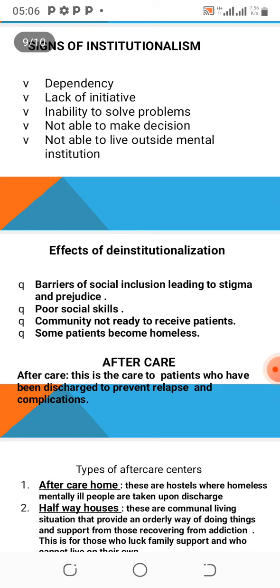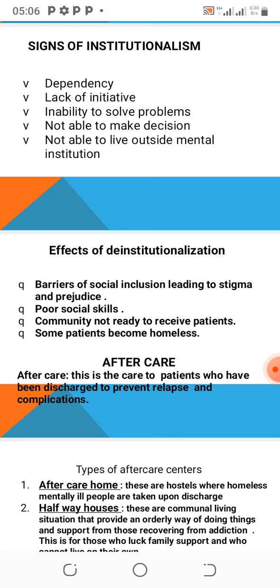Then if a patient has been deinstitutionalized, we are talking about the effects of deinstitutionalization. There will be barriers to social inclusion leading to stigma and prejudice. There will be poor social skills because this patient has stayed a long time in the hospital.